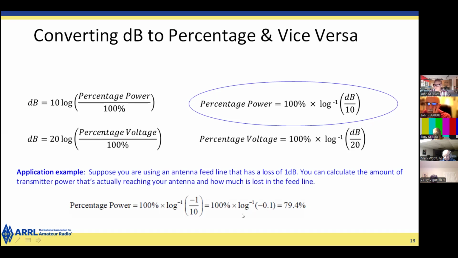So the inverse log of -0.1, when you multiply it by 100, you get 79%.